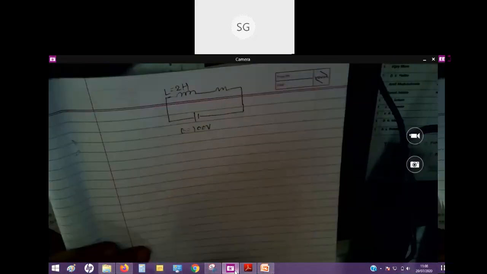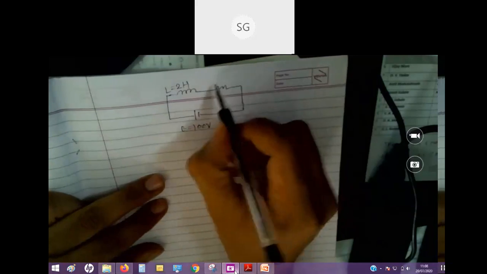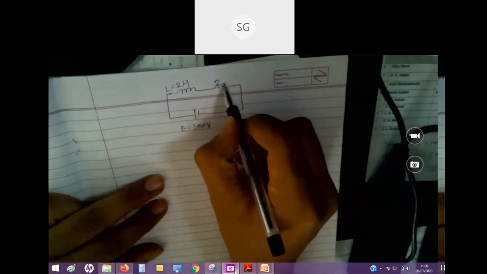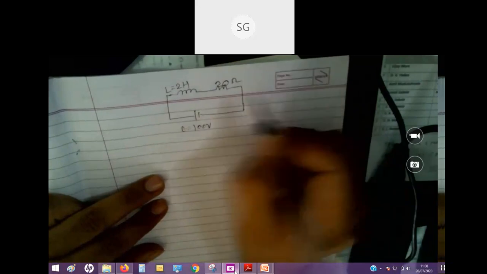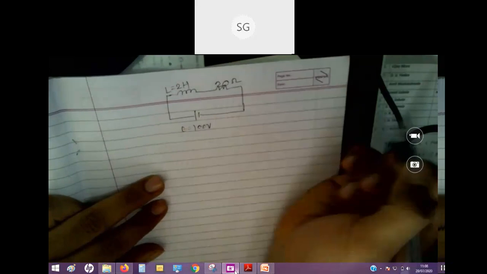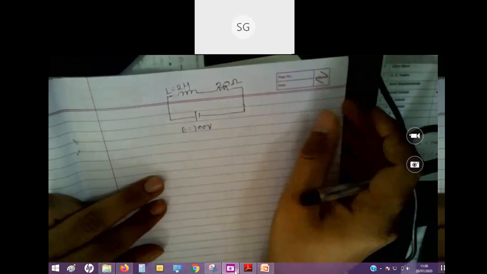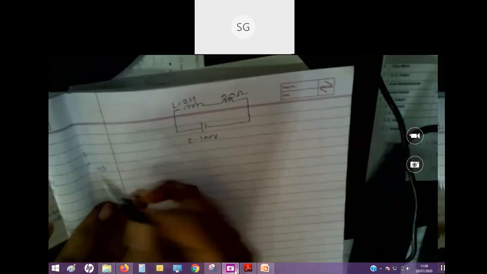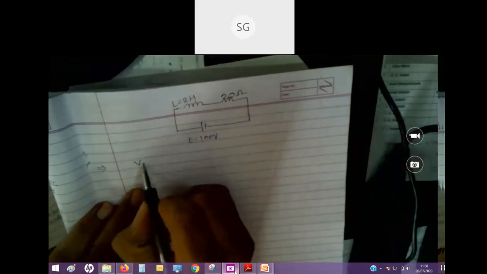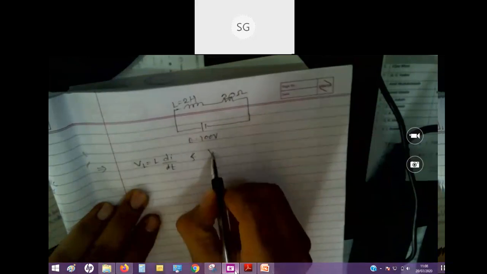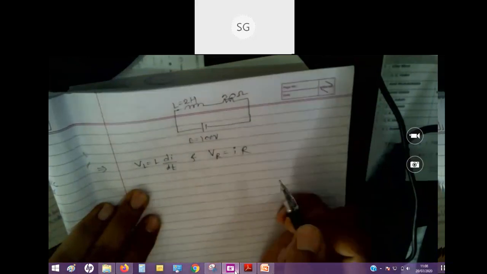E is equal to 100, and R has the value of 20 ohms. Now for the differential equation, we can directly use what we know: VL is equal to L di by dt, and VR is equal to I into R. We know this now.